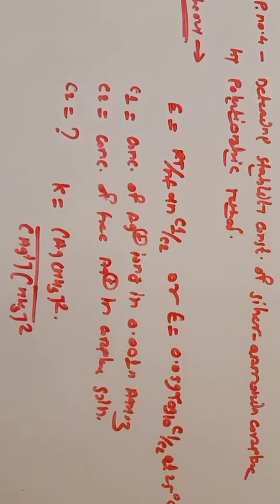So we require these terms. So C2 is nothing but the concentration of free silver ions in complex solution, and the remaining terms we can easily find out with this experiment.